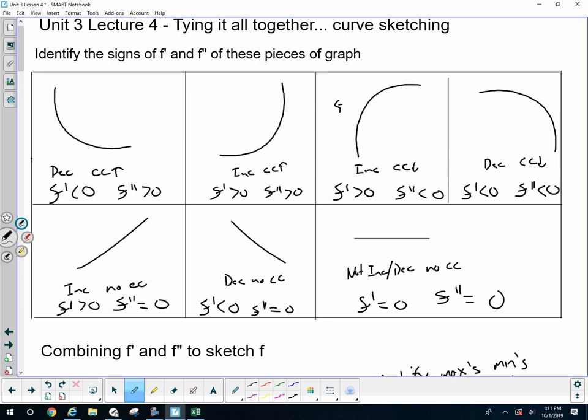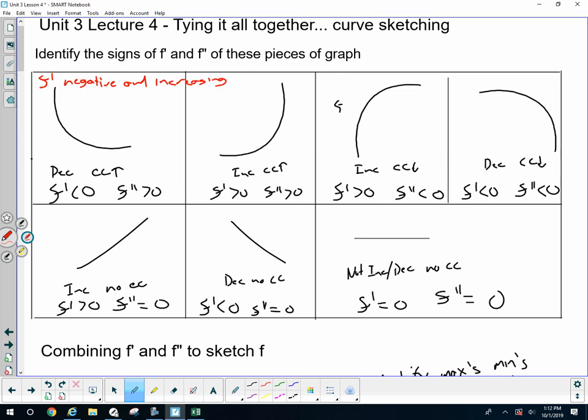Now, what is important is we need to be able to understand decreasing concave up, first and second derivative signs, but also different ways to say the same thing. I could say f prime is negative and increasing for this first box.